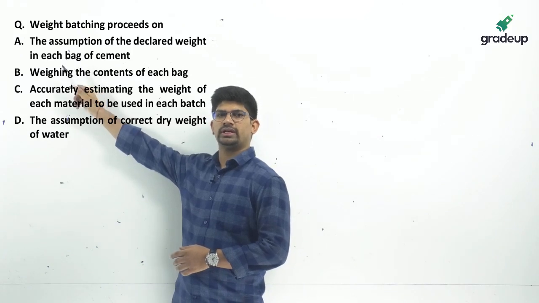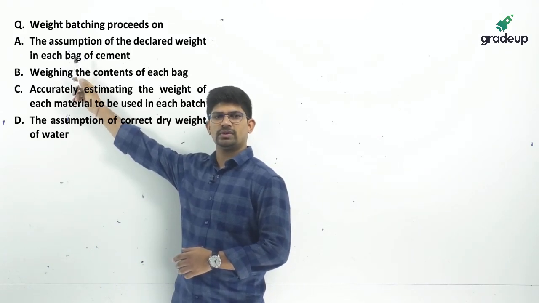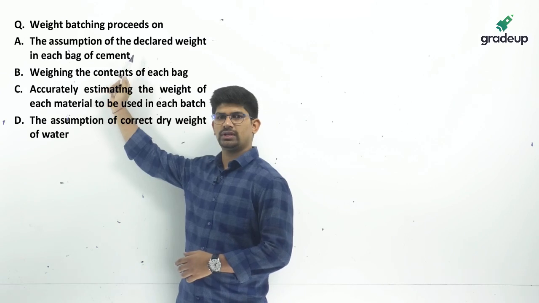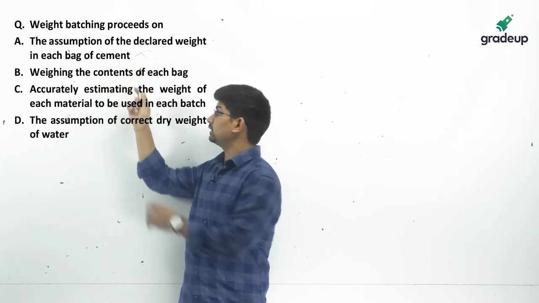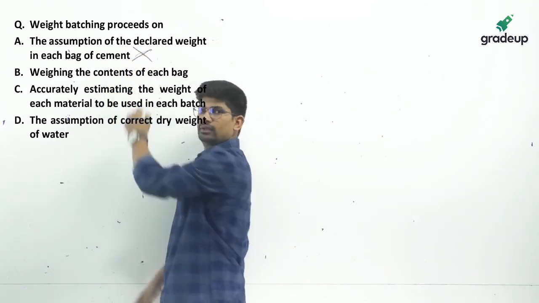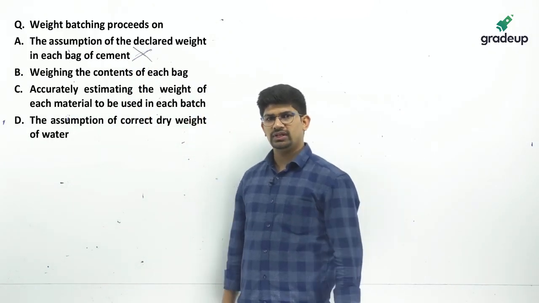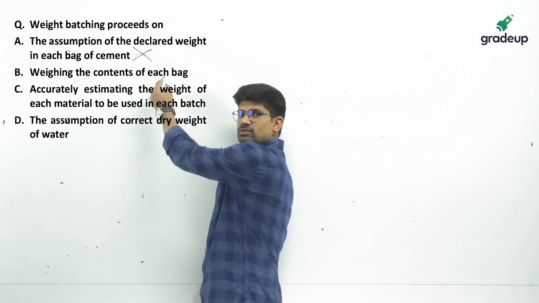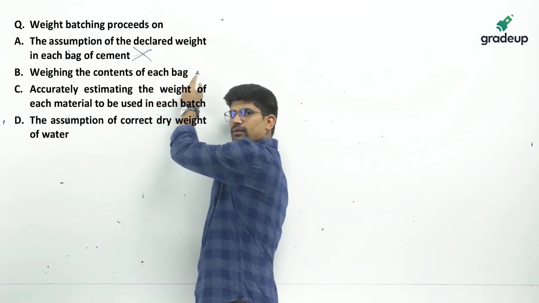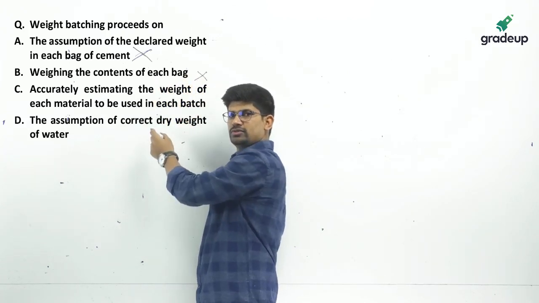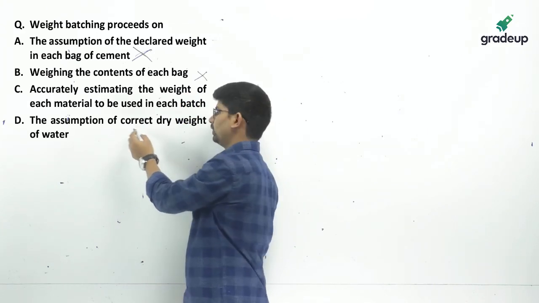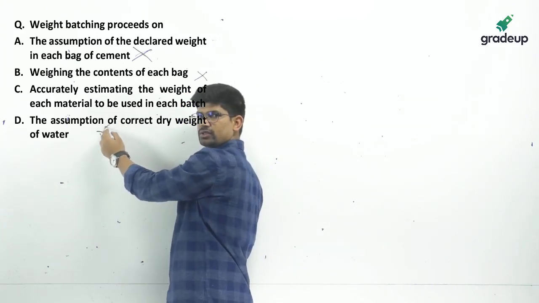Option A, the assumption of the declared weight. See, weigh batching is not based on the assumptions, so option A cannot be the answer. Weighing of the contents of each bag is also not very apt. The assumption of correct dry weight of water: no, there are no assumptions involved.